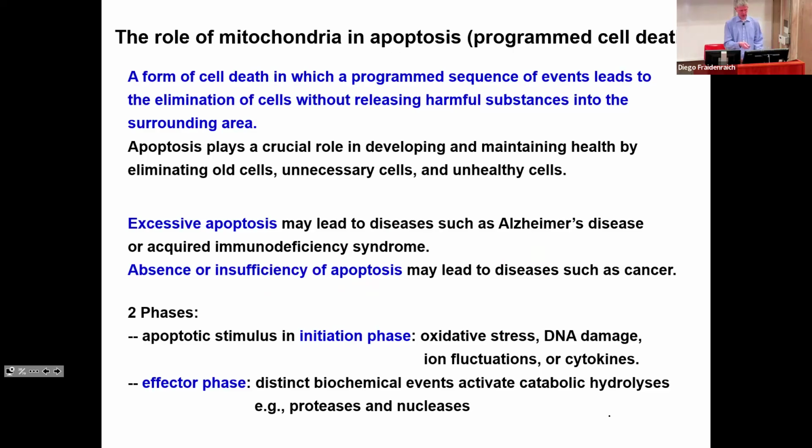So when we talk about the process, there would in fact be two phases which can be distinguished. One is an initiation phase. So there would be, for example, DNA damage. Usually DNA damage is repaired if there are small portions of the DNA damaged.